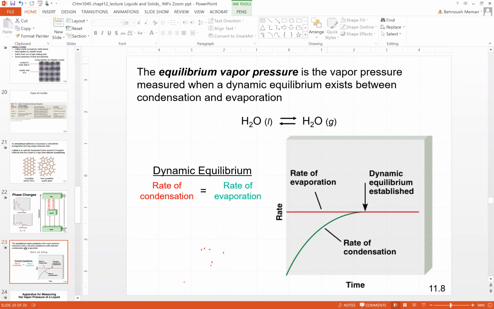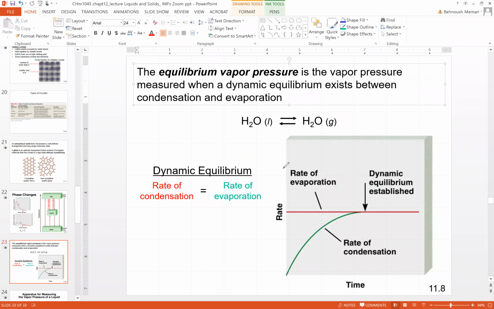We have another definition based on dynamic equilibrium. Dynamic equilibrium means that phase change is reversible. If you're going from solid to liquid or liquid to gas, liquid to gas is called evaporation, and condensation is gas to liquid.